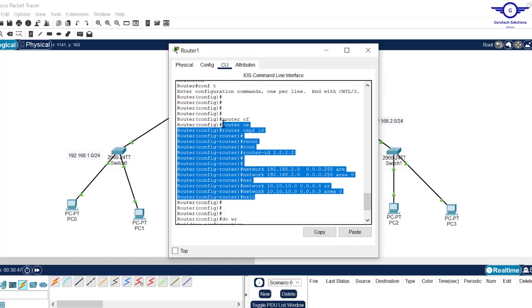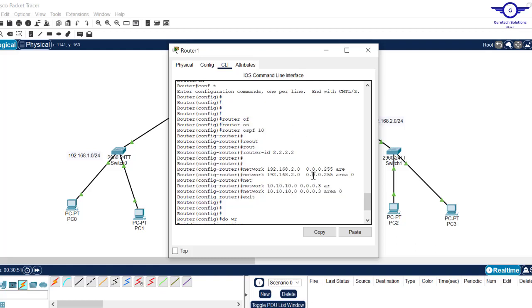I mean, what do you call this, 0.0.0.255? What is that, subnet, right? Wildcard. We call them wildcard mask. Wildcard mask. Okay, that was a challenging question.